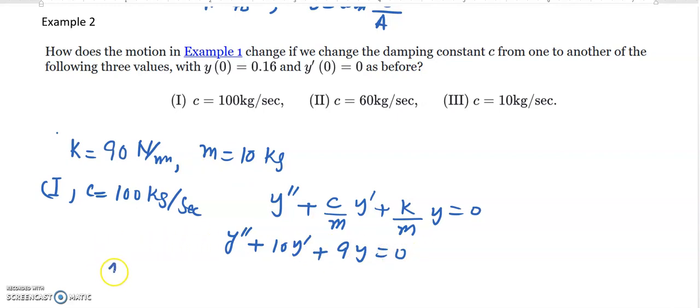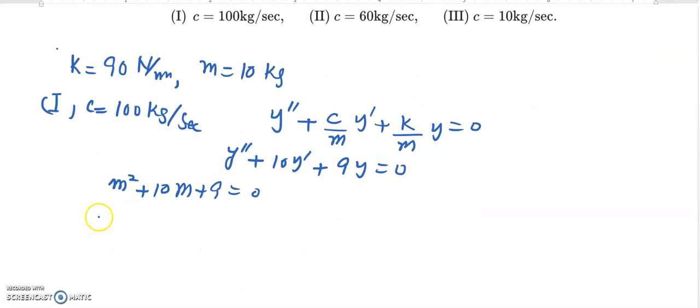So the characteristic equation will be m square plus 10m plus 9 equal to 0. This equation factorizes into m plus 9 and m plus 1 equal to 0.